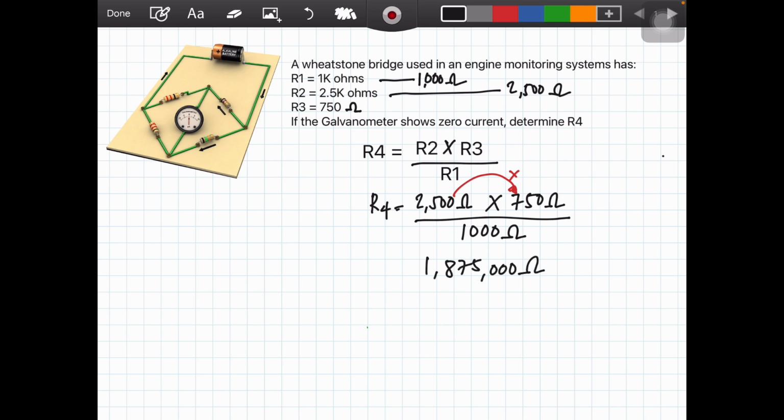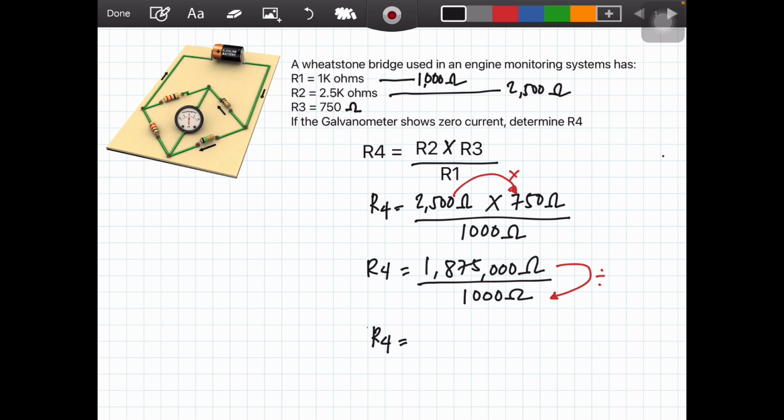So we put here R4 over 1,000 ohms. How do we do about it? 1,875,000 ohms, you divide it by 1,000, and what happens when you divide those?